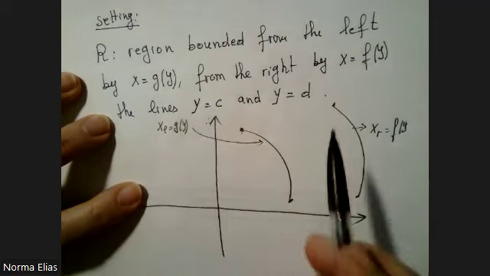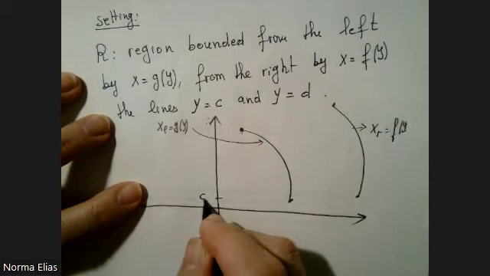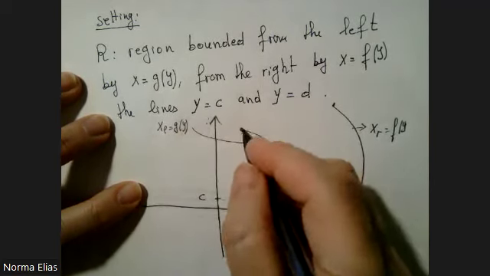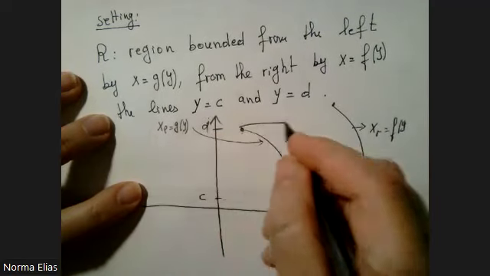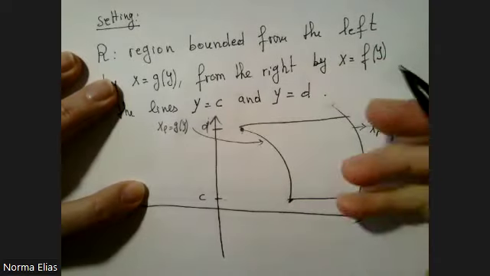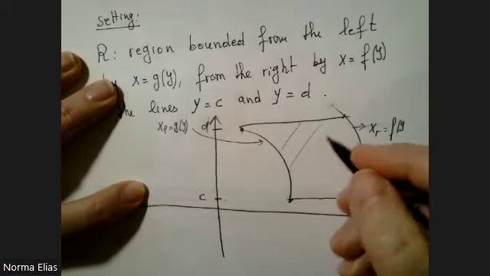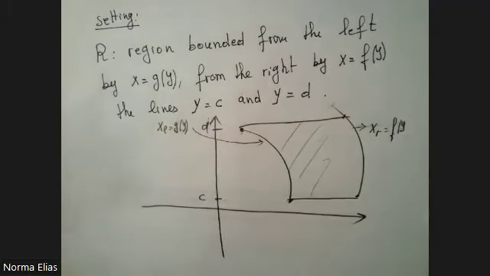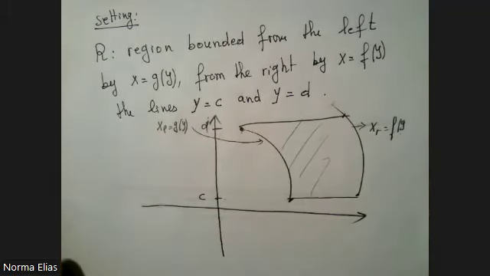The lines y equal to c. If this is c, y equal to c is this line. And this is d, y equal to d is this line right here. And this is the region I am interested in: left curve, right curve, and the lines y equal to c, y equal to d. And the question is, find the area.